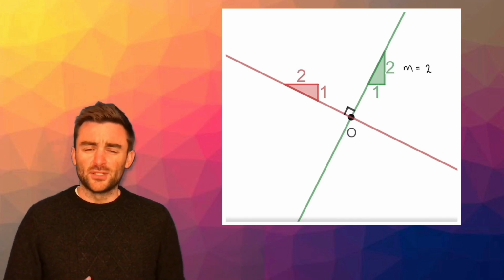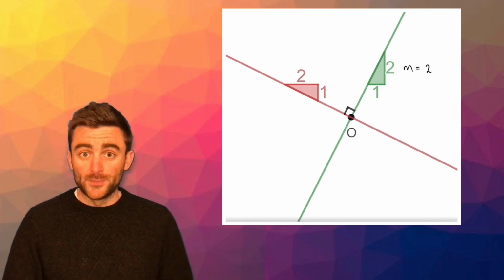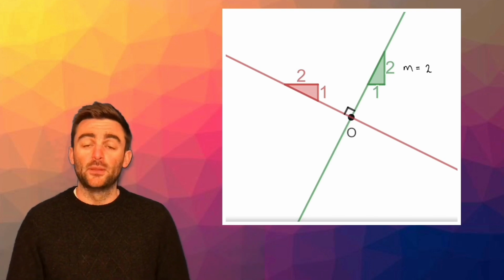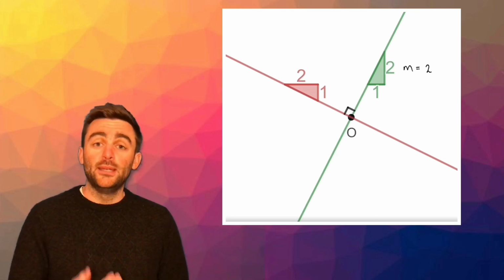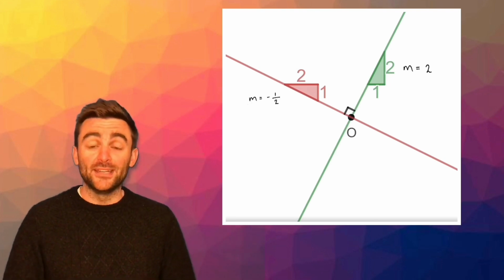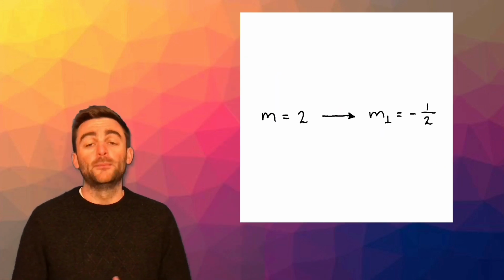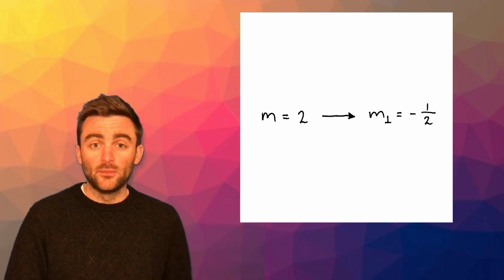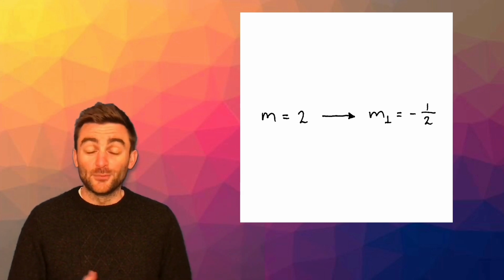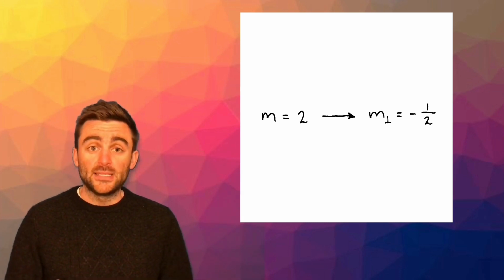Well, the vertical change is now actually going down by one box. The vertical change is negative 1, the horizontal change is 2, negative 1 over 2 gives us a gradient of negative 1/2. So a gradient of 2 becomes a gradient of negative 1/2 when we make it perpendicular. I'm going to show you some other examples and let's see if you can spot the pattern.